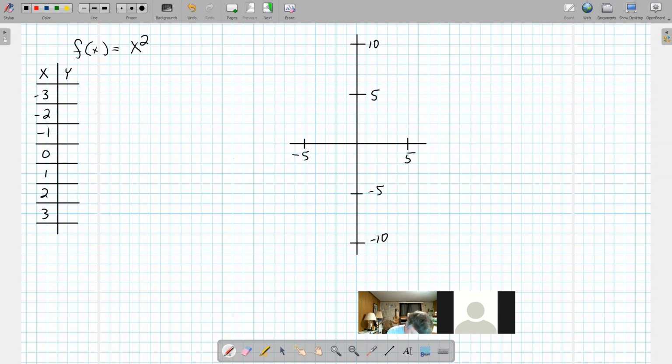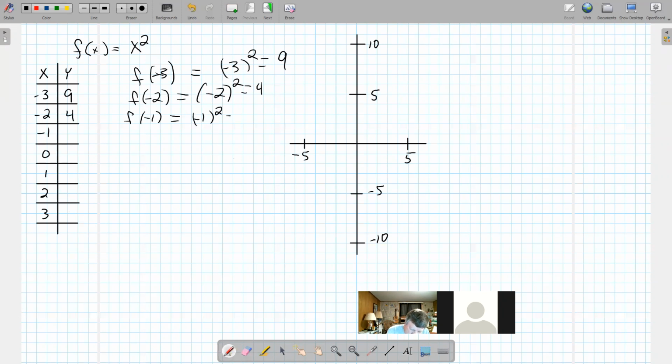Okay, so f of -3 equals -3, the quantity squared, which is +9. f of -2 equals -2, the quantity squared, which is +4. f of -1 equals -1, the quantity squared, which is +1. f of 0 is 0 squared, which is 0. f of 1 is 1, the quantity squared, which is 1. f of 2 is 2, the quantity squared, which is 4.